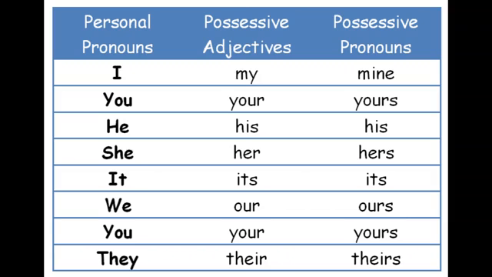Like that, he is personal pronoun, his is possessive adjective and his is possessive pronoun also. Like that, she is personal pronoun, her is possessive adjective and hers is possessive pronoun. Like that, it, its, we, our, ours, you, your, yours, and they, their, theirs.